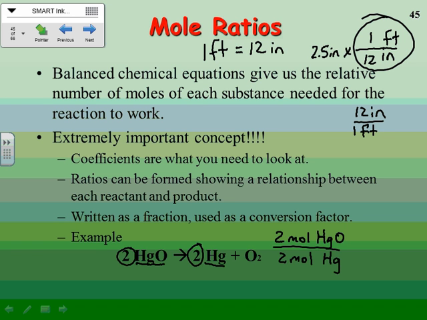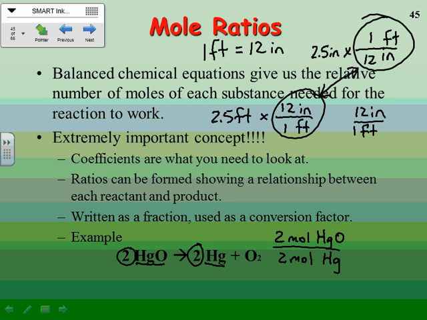Now, it just depends on what situation I'm in, right? If I'm going from inches to feet, then I need inches to be on the bottom. But if I'm going from 2.5 feet and I'm converting to inches, then I would want to use this conversion factor. I'd want feet to be on the bottom, inches to be on the top. Okay? So these are the same, but I would use them in different situations.